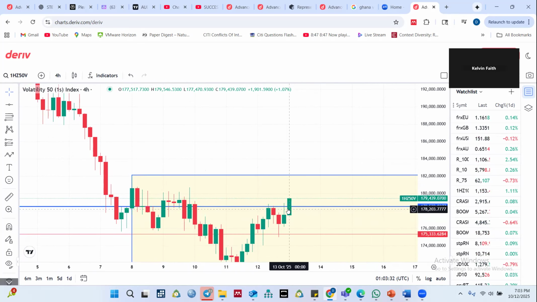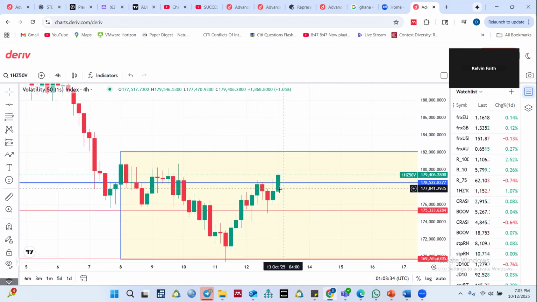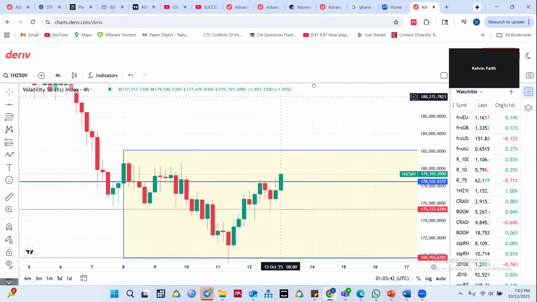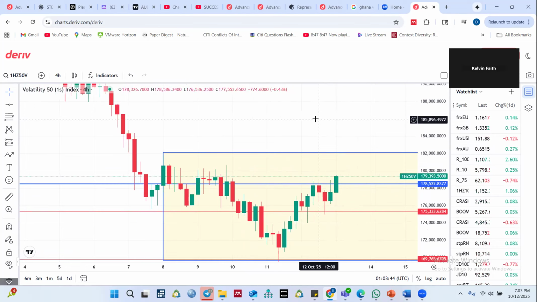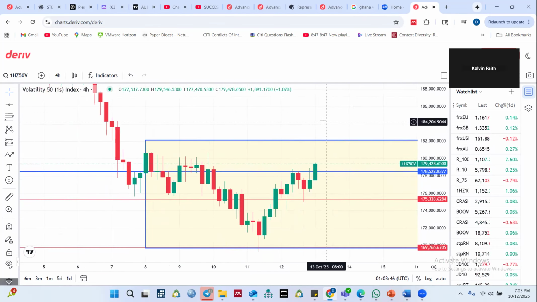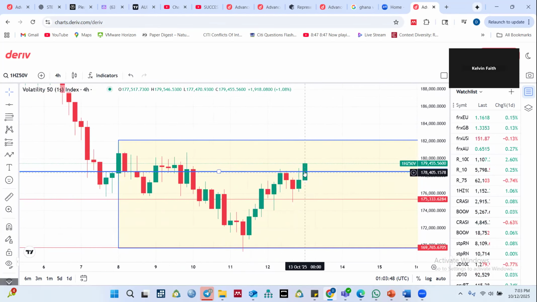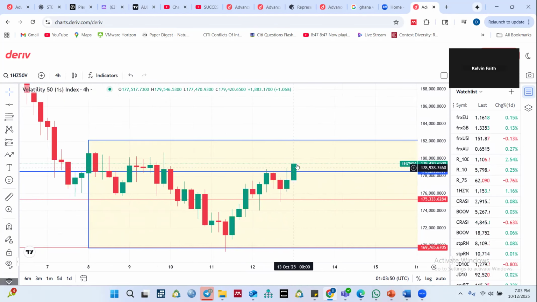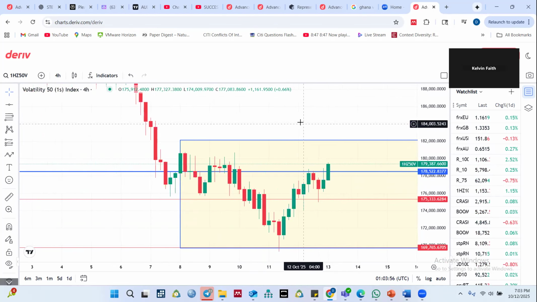The new bullish candle that opened just made its way above the blue line. As long as it stays above the blue line and keeps pushing up, we are good to go. So we have to wait for about two 4-hour candles to consistently stay and close above the blue line for us to be bullish.